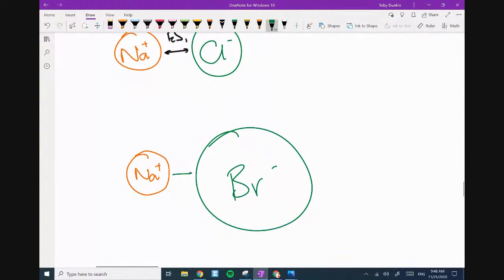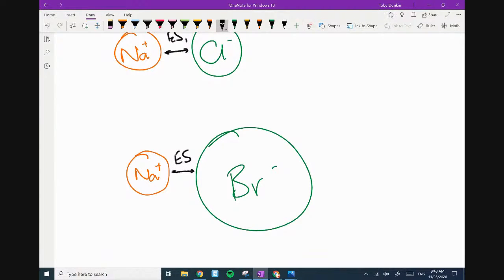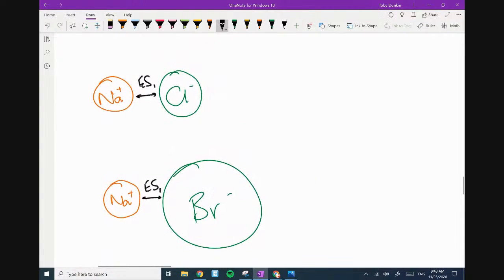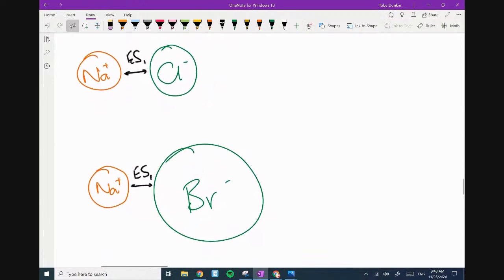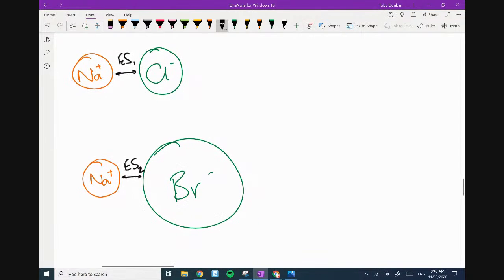So what that means is that this attraction here, I'm curious to know whether anyone could guess. Which one of those forces do you think is going to be stronger? Is ES1 or ES2 stronger, based on we've now got a much bigger anion? Which one do you think is going to have the higher melting point?